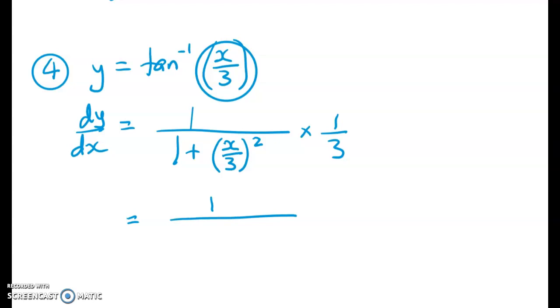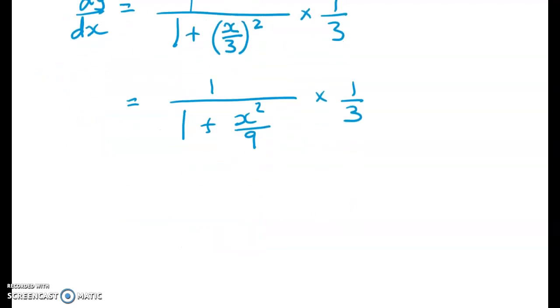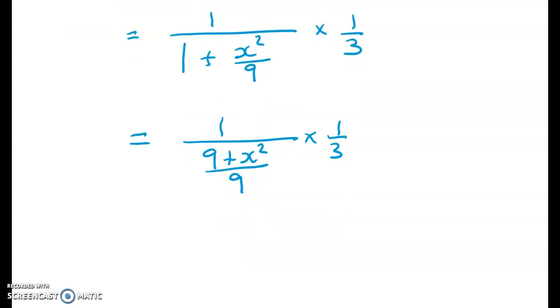Just make sure that you're confident with this. It's 1 plus x squared over 9, times 1/3. Now that's a pretty unpleasant looking answer. Let's clean it up some more. So we've got 1 over (9 plus x squared over 9), times 1/3, which equals 3 over 9 plus x squared.